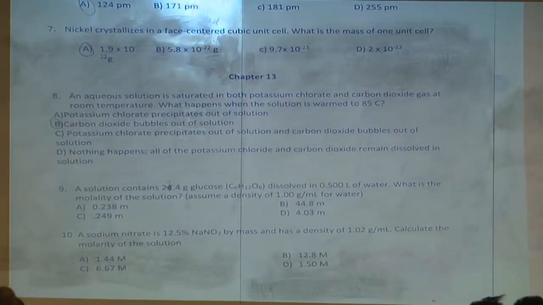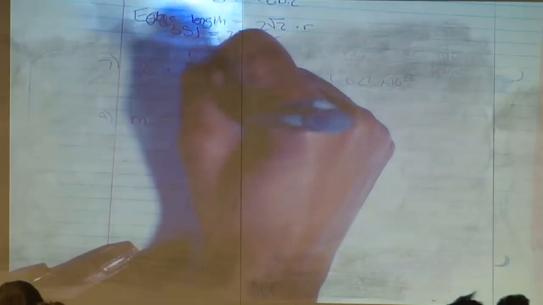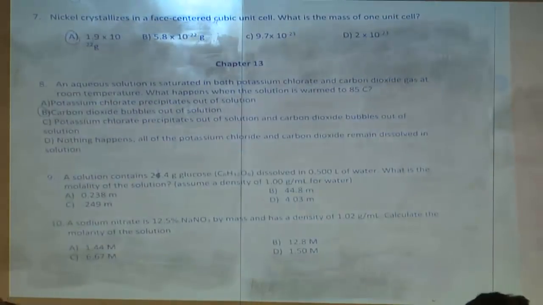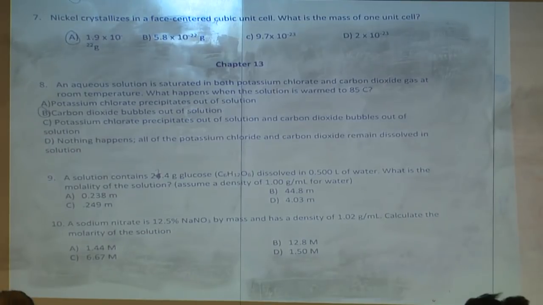We're looking for the molality. The equation for molality is m equals moles of solute divided by the kilograms of the solvent. Is it 7.1 for 5? Now we're given the grams of glucose and the liters of water, and we're given the density of water. The first part is we're going to find the moles of glucose.